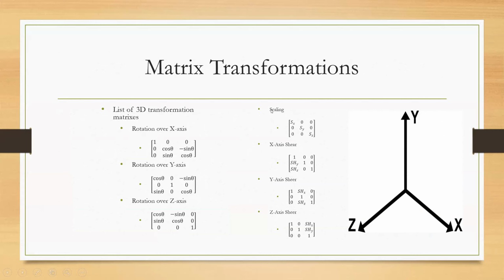If we want to scale up an object on a 3D graph, then we can use the scaling matrix, which can be used to either decrease or increase the size of an object. These three shear matrices manipulate the object in such a way that it becomes slanted, or much like a parallelogram if you're using a cube or a square.